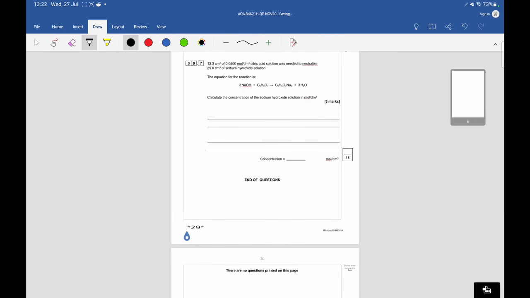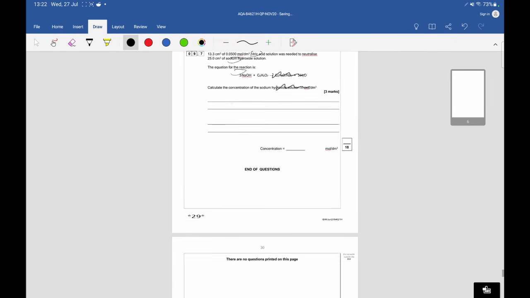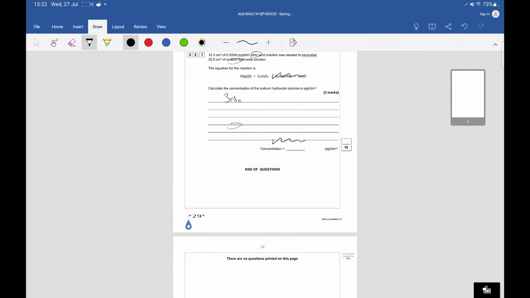All right, in this question, we need to work out what the concentration is of our unknown substance in this titration. In titrations, we should always calculate this in the same way. It's really, really simple. We're going to use a table method. We know we're working with citric acid and sodium hydroxide. That's the first half of the equation. We don't care about the last half, so we can scribble it out. We're going to write out that first half of the equation there.